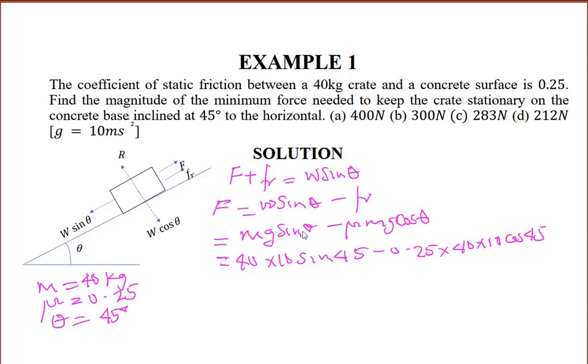So let's go. 40 times 10 sine 45 will give us 282.8427 minus, let's go, 0.25 times 40 times 10 cos 45 will give us 70.7107. Let's do the subtraction.